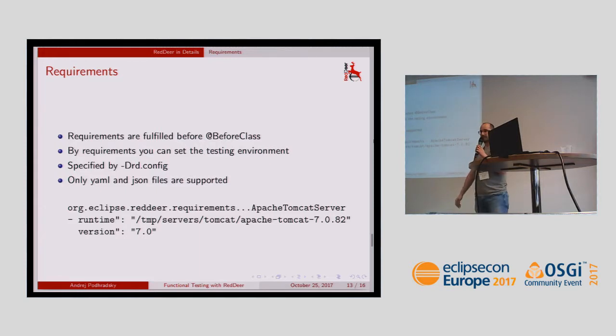In this case, we specify information for our Apache Tomcat server. This requirement is fulfilled before the before class annotation. And what does it mean that this requirement is fulfilled? It means that the server is added via the servers view and the wizards, and probably it is also started.